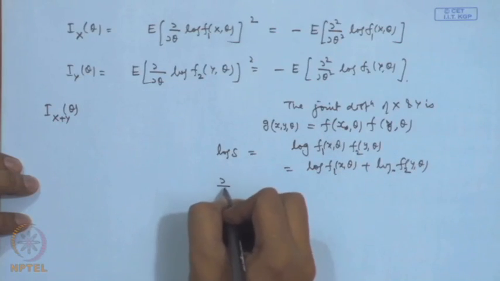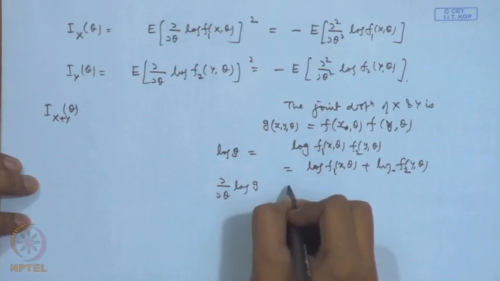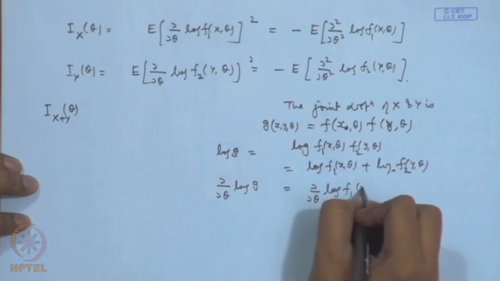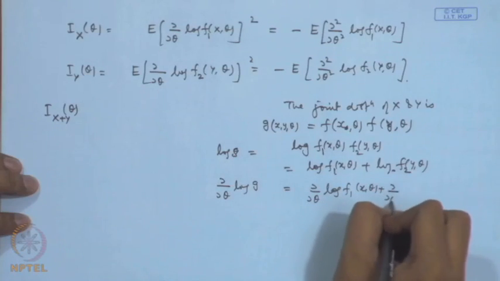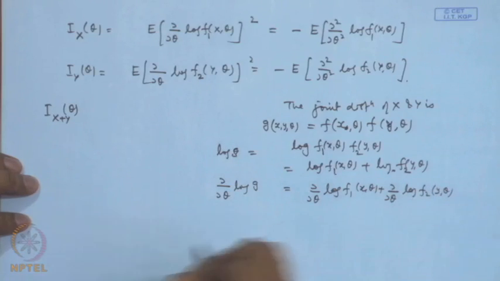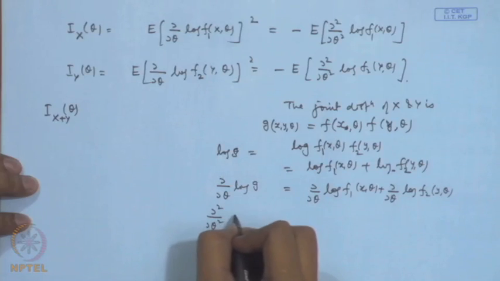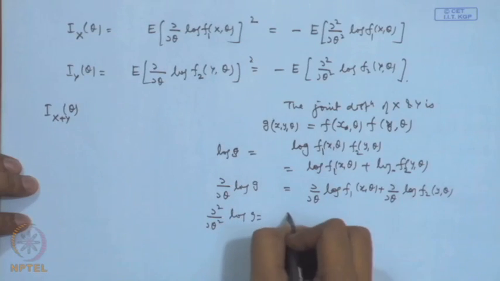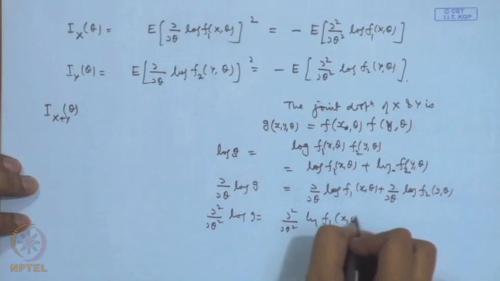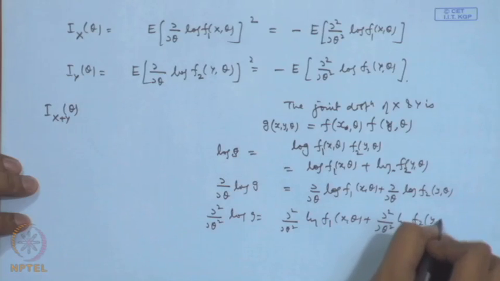If I consider the derivative del by del theta of log g, that is equal to del by del theta log f1 plus del by del theta log f2. If I consider the second order derivative del 2 by del theta 2 of log g, that is equal to del 2 by del theta 2 log f1 plus del 2 by del theta 2 log f2.